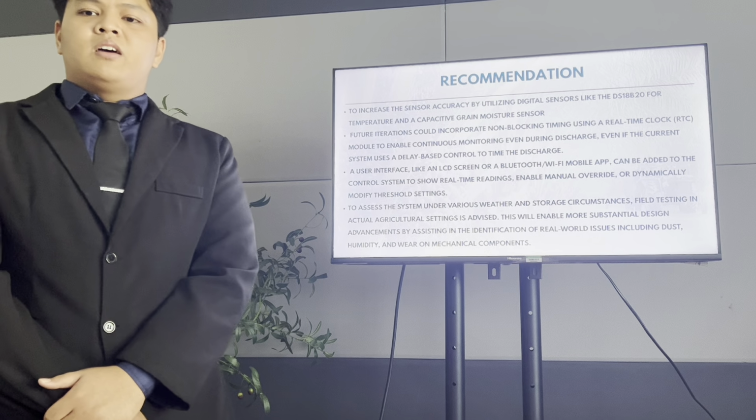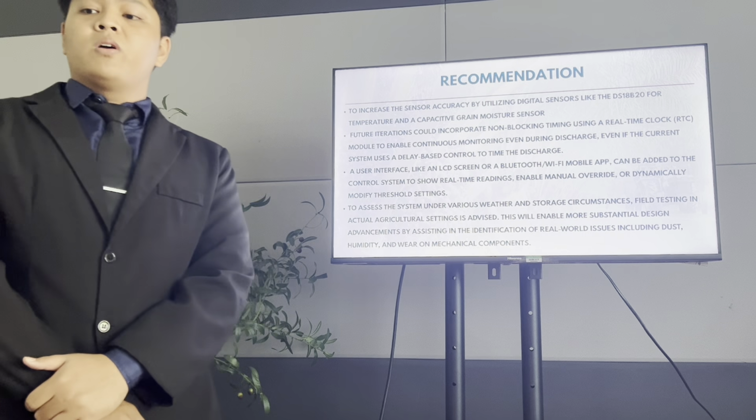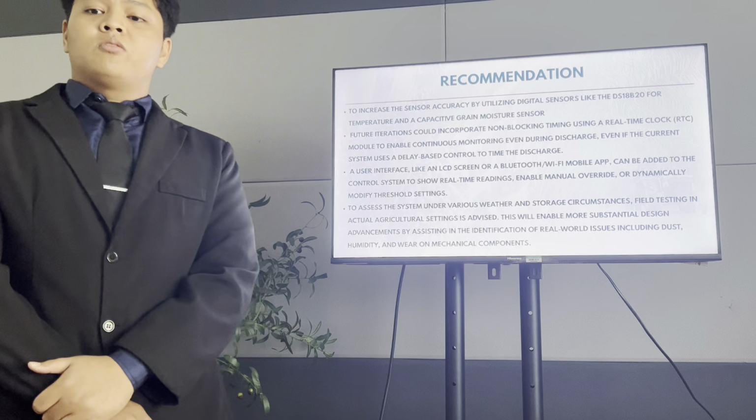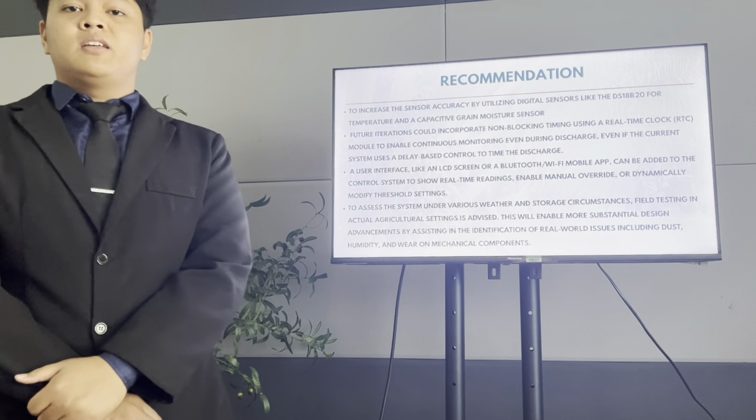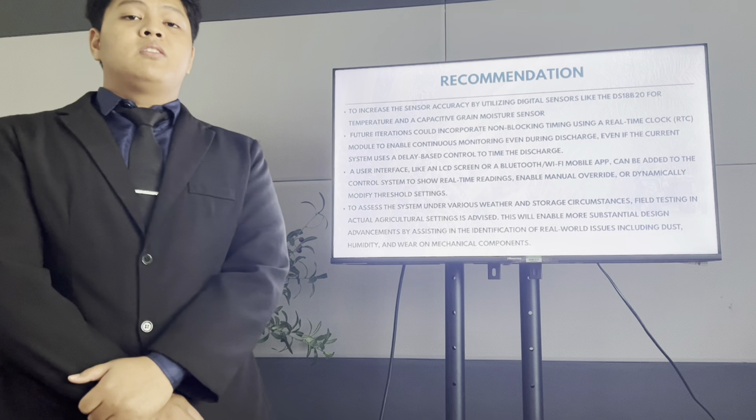And then I would like a user interface like an LCD screen or a Bluetooth Wi-Fi mobile app to be added to the control system to show real-time readings and enable manual override or dynamically modified threshold settings.